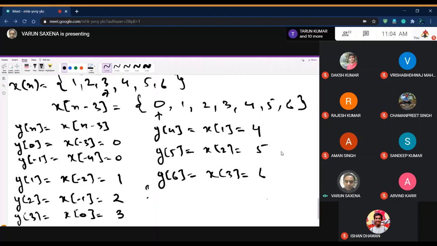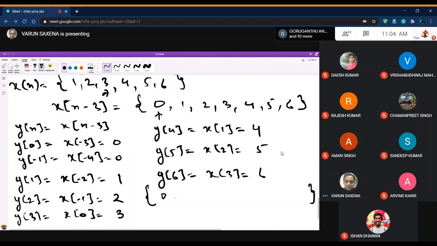So if you create this sequence, what do you get? You will write 0 at minus 1, then y[0], then 1 2 3 4 5 6. So your sequence is this. Anyways, you're shifting 3 to the right. So 3 to the right means the 0 shifts 3 units. So this is what it is.